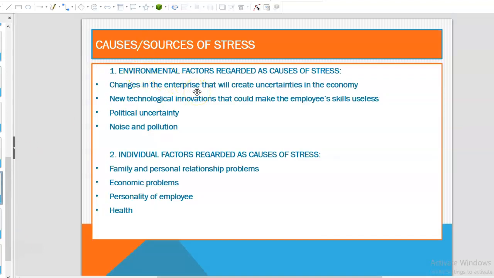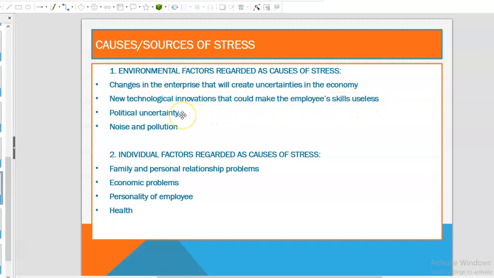We know the environment here, they're talking about could be the working environment. So the factors that are stress related are changes in the enterprise that will create uncertainties in the economy, and new technology innovations that could make the employees' skills useless.